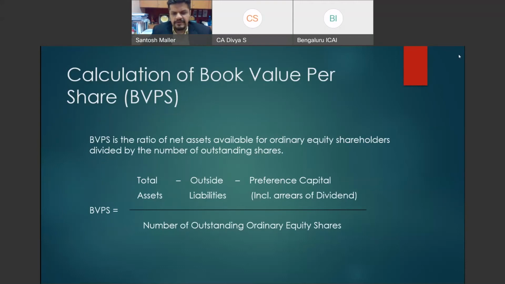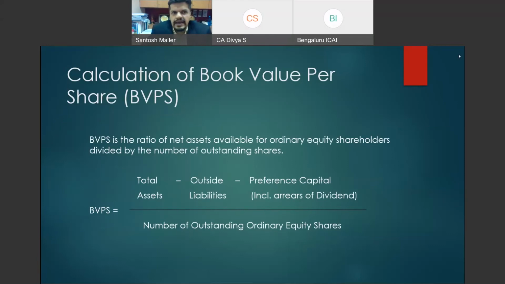Preference share capital, of course, belongs to somebody other than equity shareholders, and therefore it will have to be reduced. Also, interestingly, if you look at some of the Ind AS concepts, book value in the context of Ind AS can be quite interesting. Why?